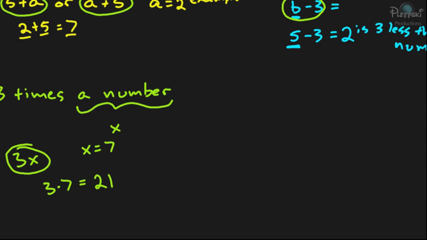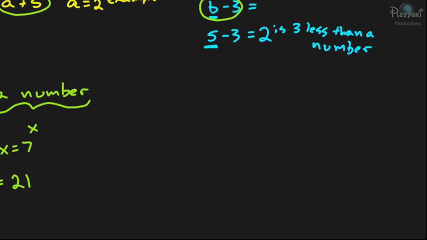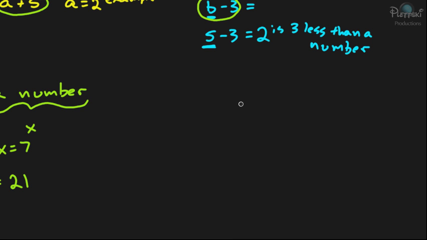Okay, now the only thing we haven't done is division. So let's do division. And one way that you may see this written in English would be divided by. You could have a number divided by 5. Okay, how would you write this as an expression? Well, a number, we know that's going to be a variable.